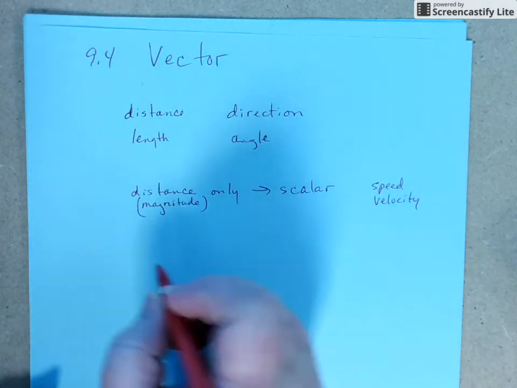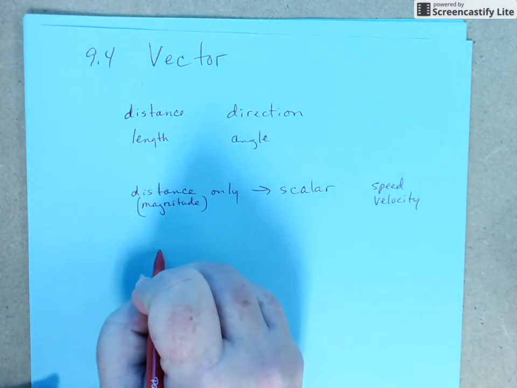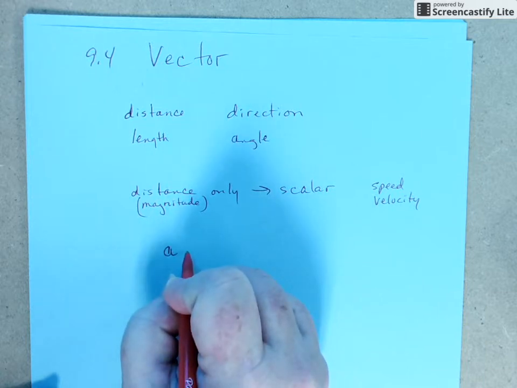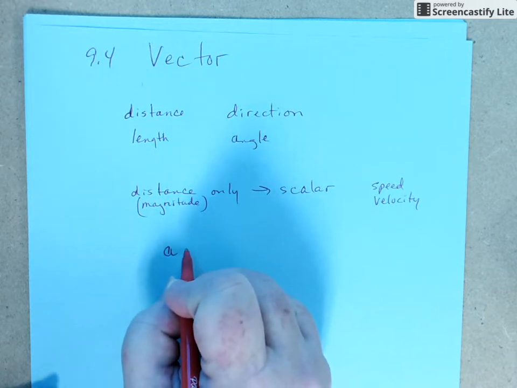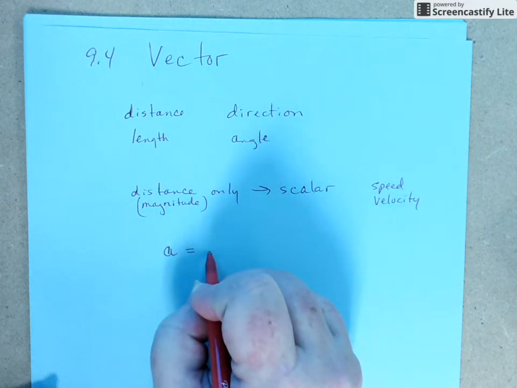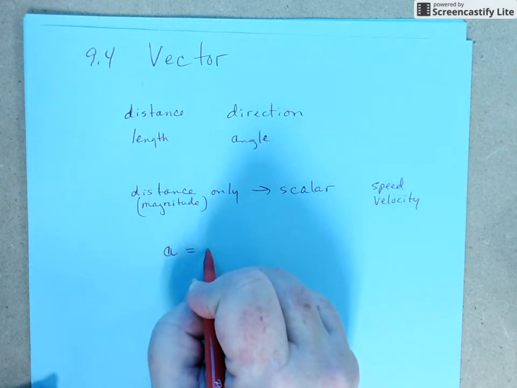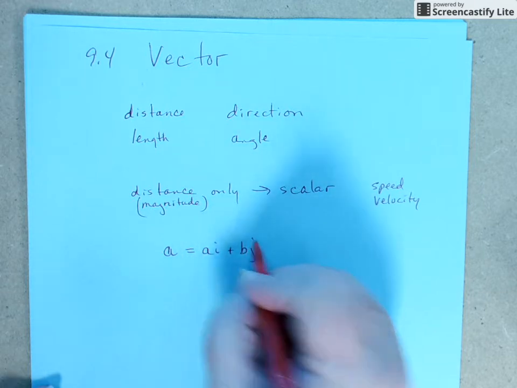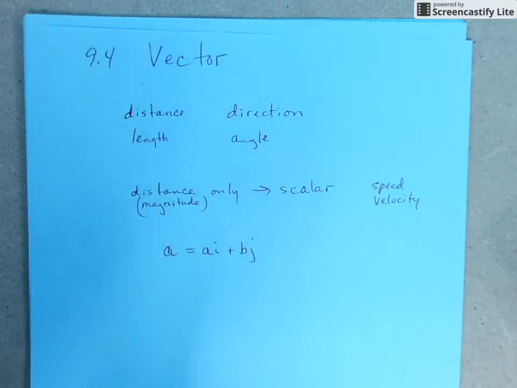When we're writing a vector, we use this form. We would say that vector A is equal to a value i plus a value j. i is the direction side to side. j is the direction north and south, up and down.